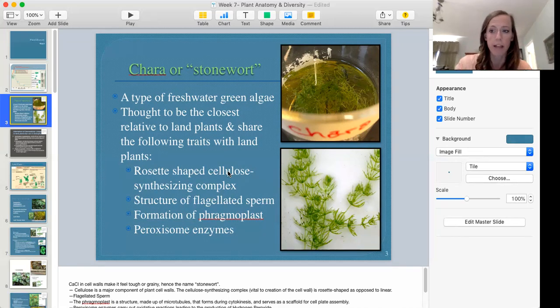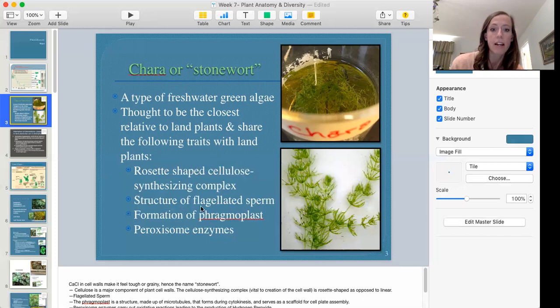In most of our land plants, as well as in Chara, it has this rosette shape. It's a small difference in morphology, but it leads evolutionary biologists to believe that Chara is more closely related to land plants than other types of algae would be.